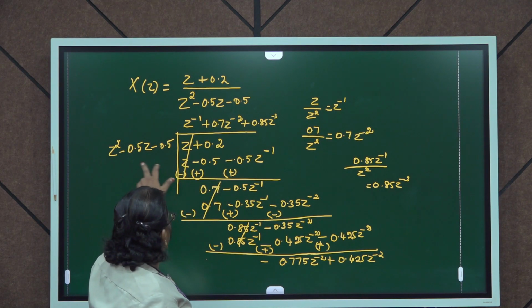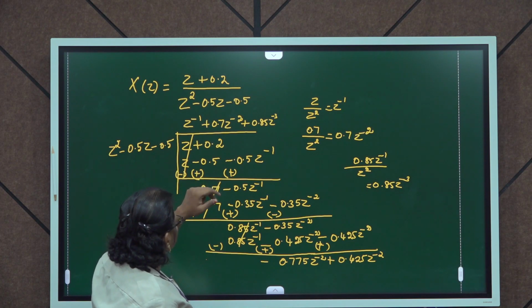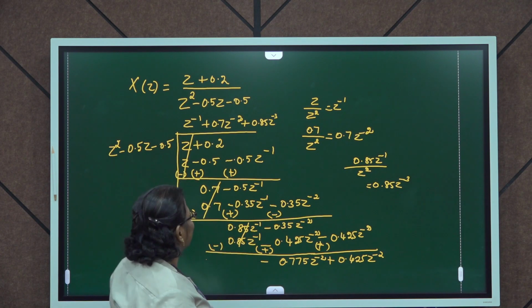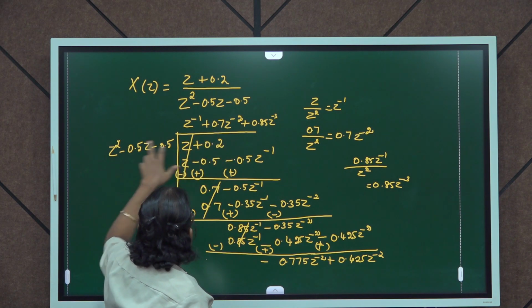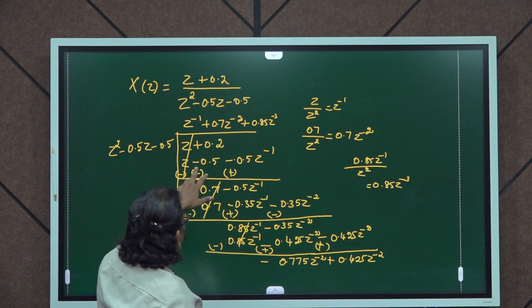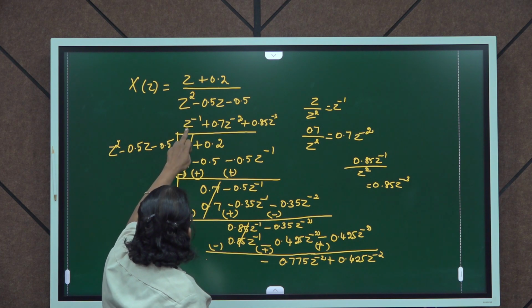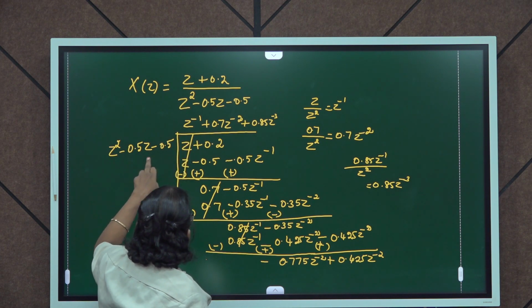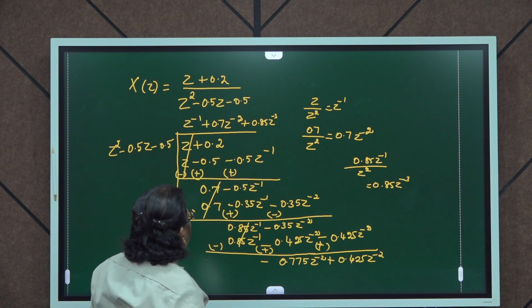So, we will get 0.7 into 0.7 z power minus 2 into z square, that will become z power minus 1 into minus 0.5 z, that becomes minus 0.5, and z power minus 1 into minus 0.5, that will be minus 0.5 z power minus 1.